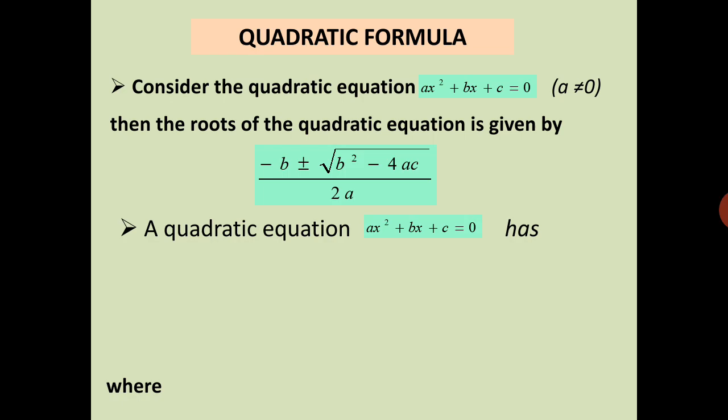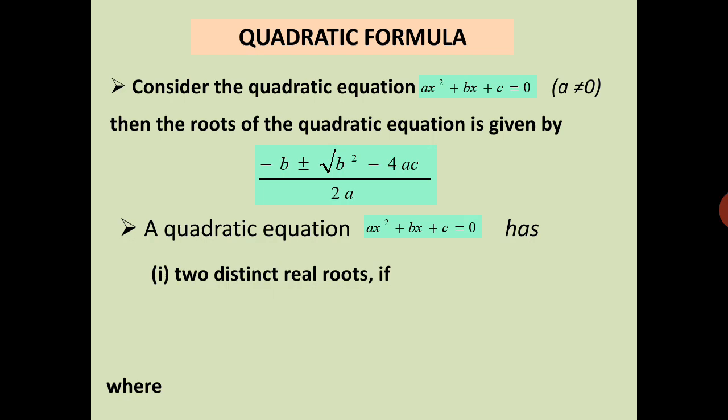Next, a quadratic equation ax square plus bx plus c equal to 0 has... Now children, if you look at the formula, you will see that there is a term below the square root sign. It is b square minus 4ac.